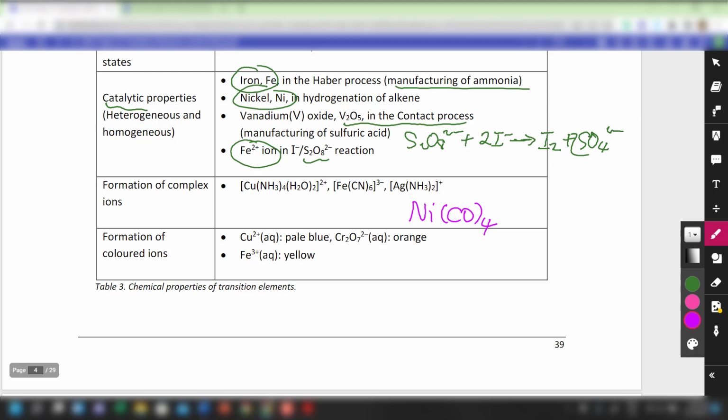In general, there are two phenomena which explain the colours: d-d transition and charge transfer. There are two types of charge transfer, metal-ligand and ligand-metal, but they are not in your syllabus, so you do not need to worry about them. You just need to worry about d-d transition, which will be explained in due course.